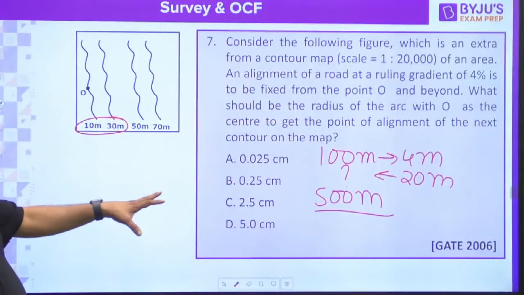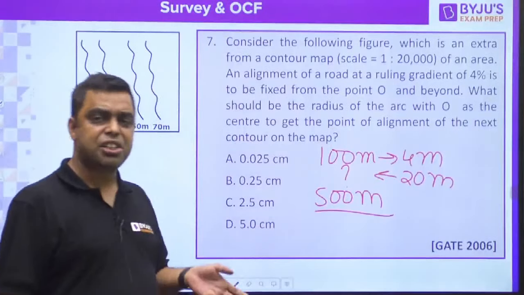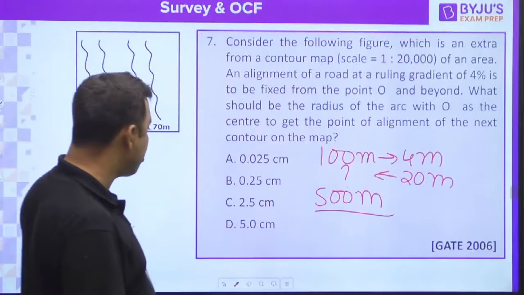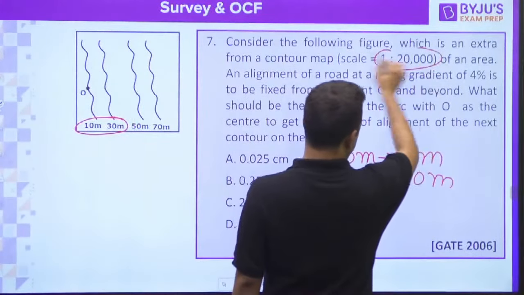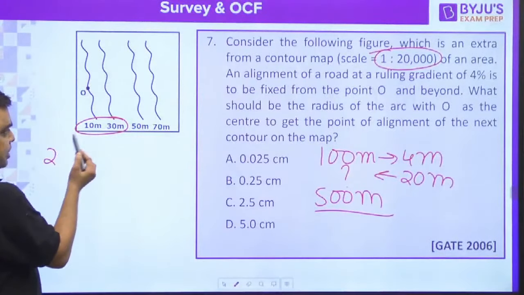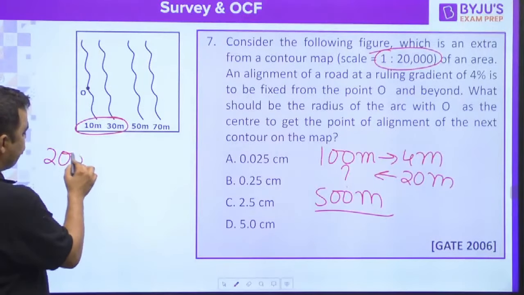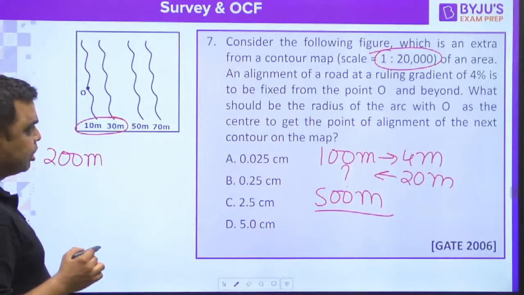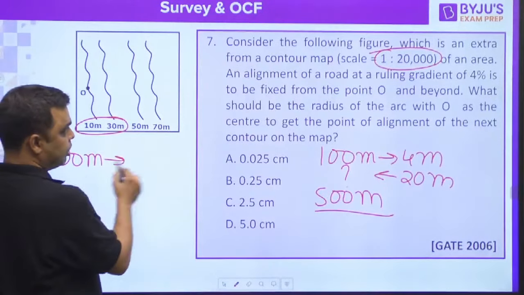Now, this 500 meter is the horizontal ground distance. But since this ground distance is to be shown on a paper, what is the scale? Scale is 1:20,000. So basically 20,000 centimeter, or I can tell that for 200 meter there is 1 centimeter.